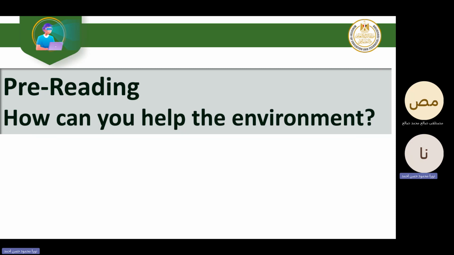You can plant trees. It's a very easy exercise. You can plant a tree at your balcony, a small plant actually. You can throw away all the rubbish in the appropriate places. So there might be a lot of simple activities that you can do to help your environment, but it can have a great effect on saving our planet Earth.